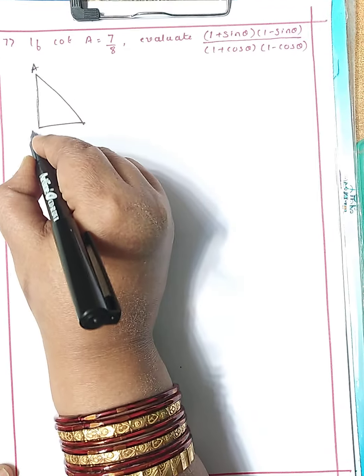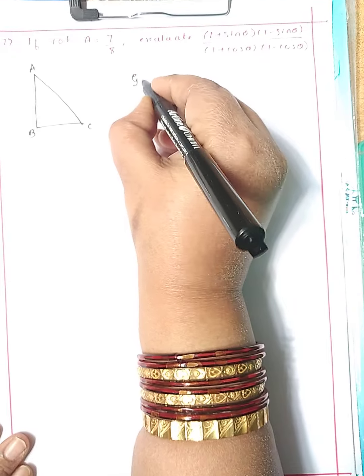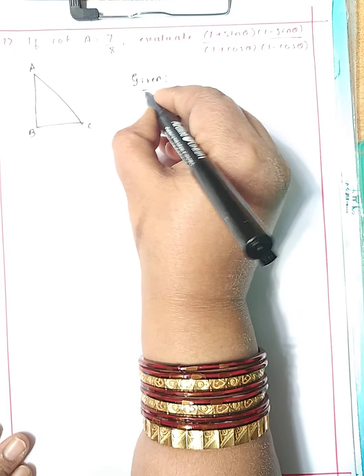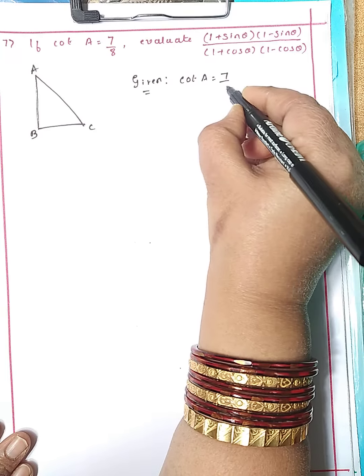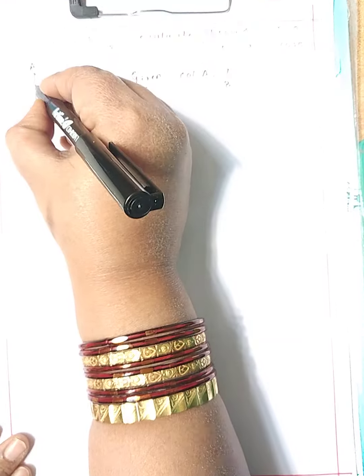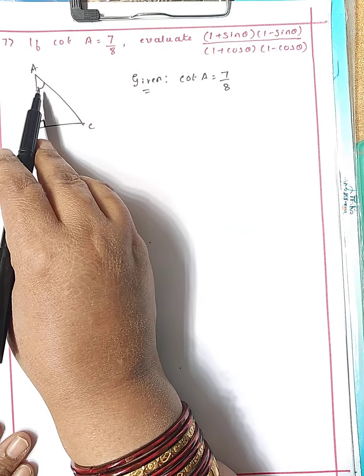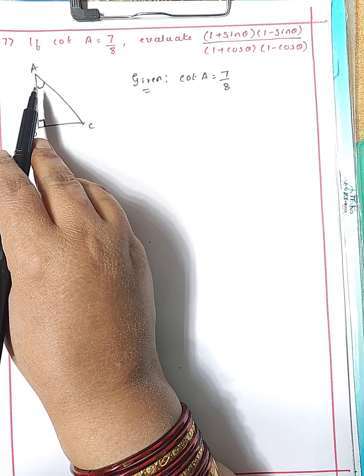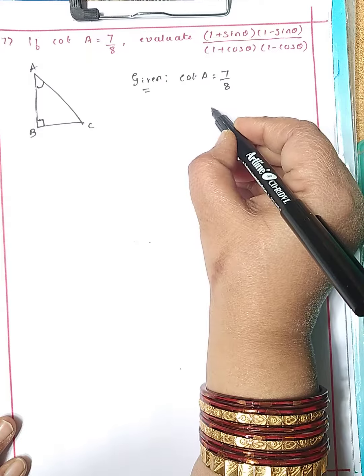A, B, C. So given is cot A equal to 7 by 8. This is a right angle triangle and we have to take A as the corresponding angle here. With respect to A, we have to find all the ratios. So cot A equal to 7 by 8 means what?